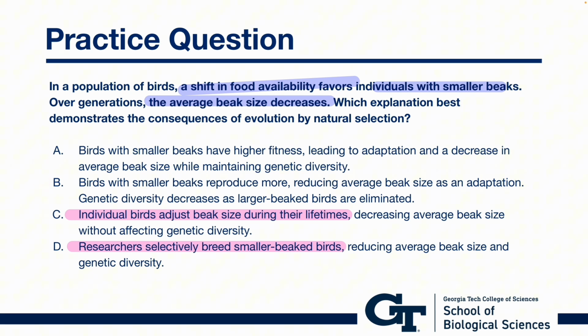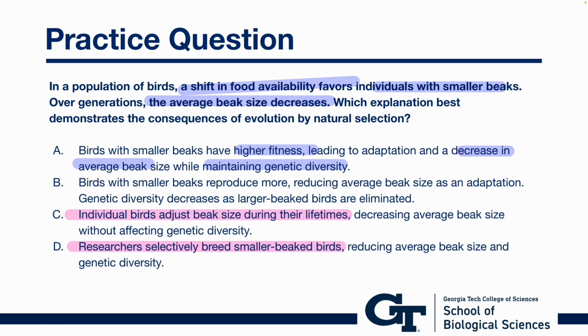Looking at A, it says that birds with smaller beaks have higher fitness, which means we have an adaptation and a decrease in beak size, and it maintains genetic diversity. I can kind of get on board with this. Do we have a higher fitness because of the smaller beak? Yes, smaller beaks are favored because of the selective pressure of the food. So it's favored, which means we're going to have a decrease in average beak size over generations.